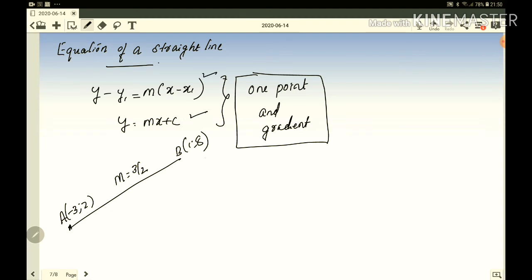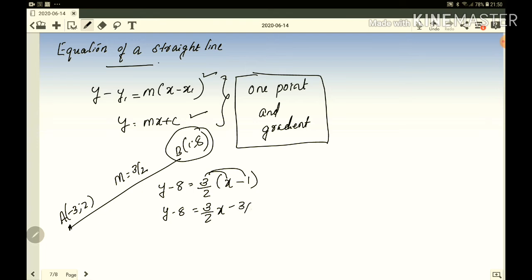I will show you the answer using this formula and the other, both will give the same answer. If I am selecting point B, and the gradient is 3 over 2, just substitute: y minus y1, that is y minus 8, is equal to m, 3 by 2, times x minus x1, that is x minus 1. Now it's going to be y minus 8, open the bracket: 3 by 2x, then 3 by 2 multiplied by minus 1, minus 3 by 2.